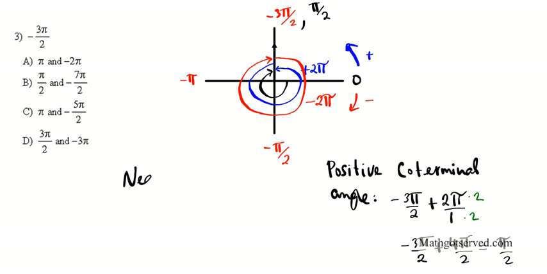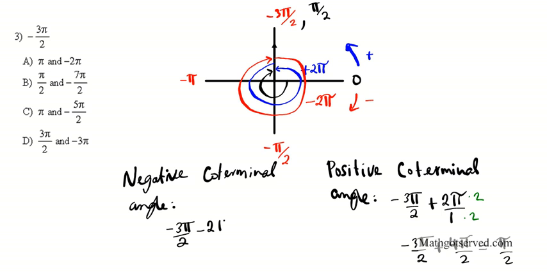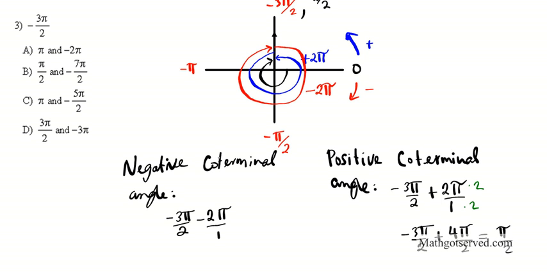So the negative coterminal angle is going to be negative 3 pi over 2, and we're going to subtract 2 pi from that. Okay, let's find the LCD again. To find the LCD, multiply by 2, top and bottom, because the LCD of 1 and 2 is 2.